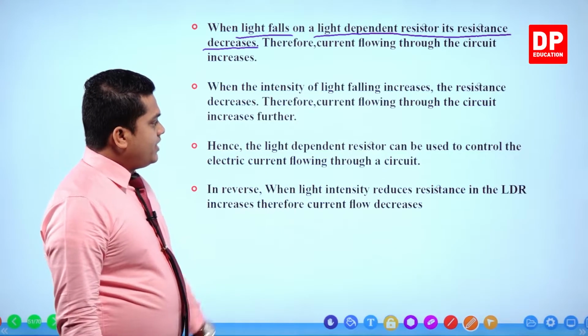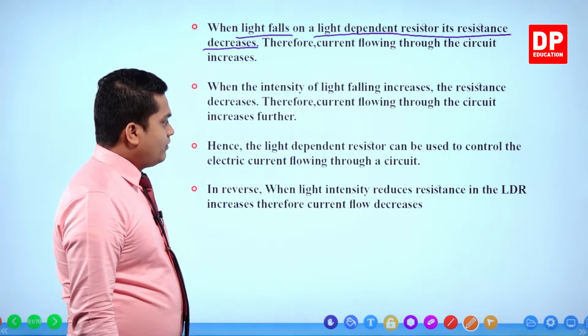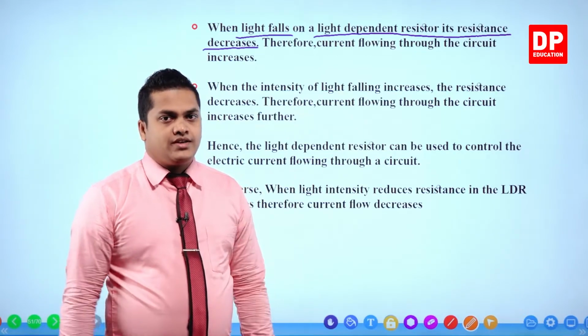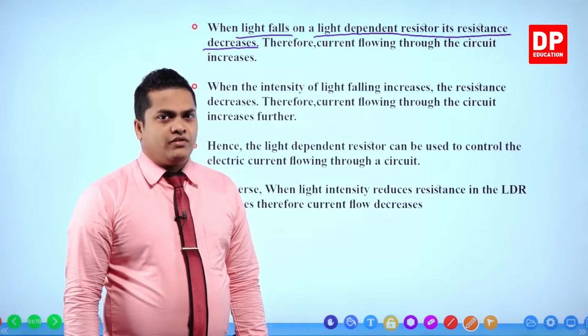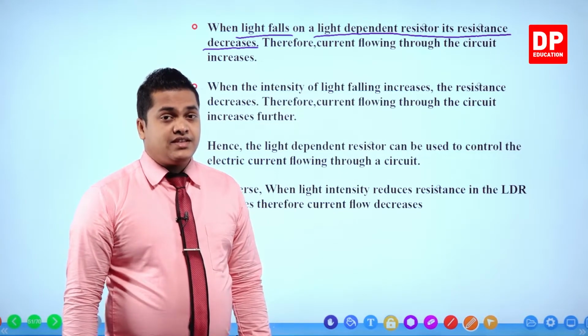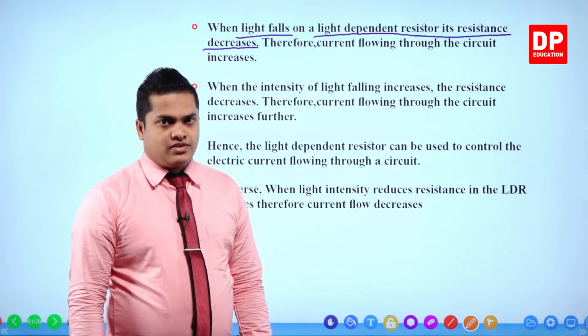Hence, the light dependent resistor can be used to control the electric current flowing through a circuit. It's really simple. We can change the current flowing through a circuit by changing the intensity of light received by the LDR, if you are connecting an LDR to a circuit.